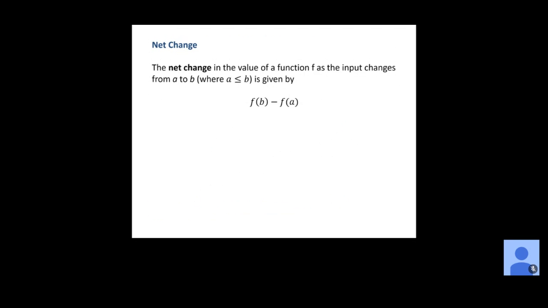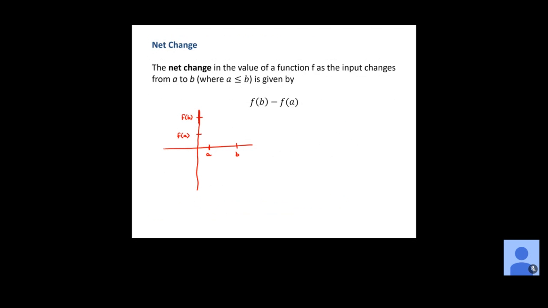All right. Net change. Okay, so the net change in the value of a function as the input changes from a to b is given by the formula f of b minus f of a. So basically we're saying on our graph now, let's sketch this out. We have an a value, we have a b value, and then in terms of our y's, let's say we have an f of b and we have an f of a, right?